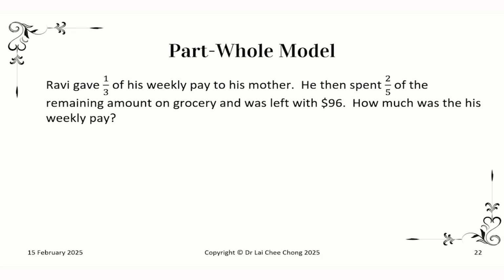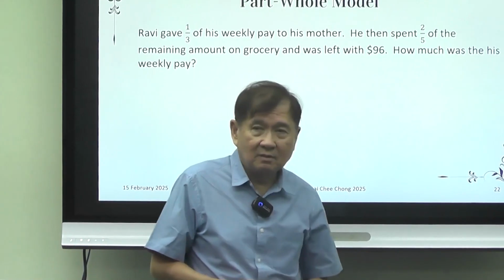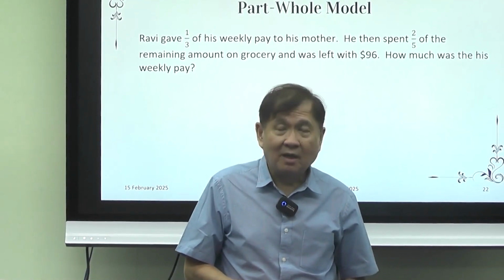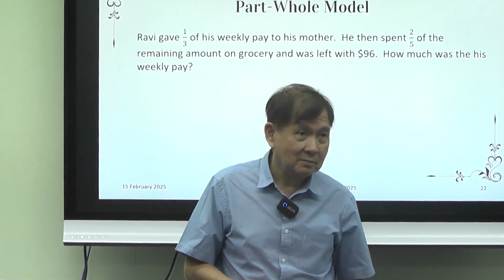Now, one of the things in learning fraction, the kids better keep in mind: when they see a fraction or even a percentage, where is my whole? That is important. Where is my whole? You look at this question. Actually, here I got two fractions, right? 1/3 and 2/5. But the problem is, these two fractions have different wholes.